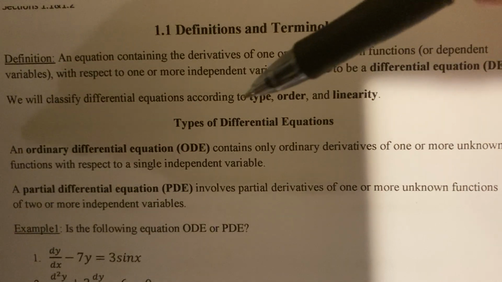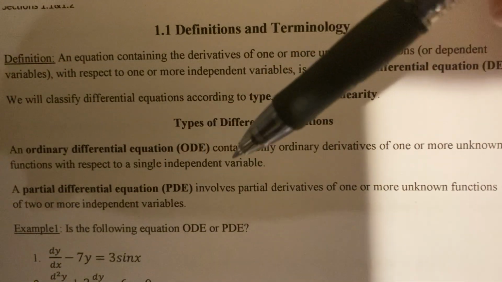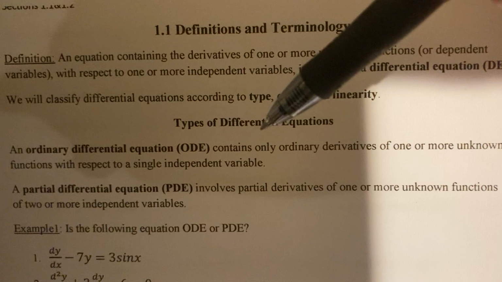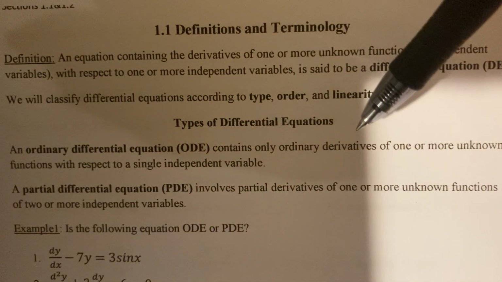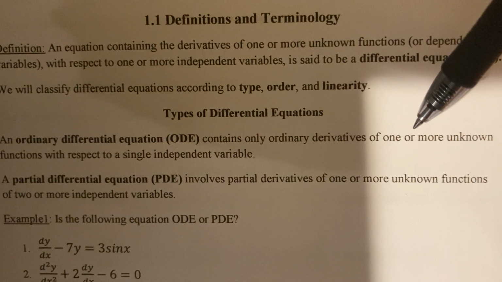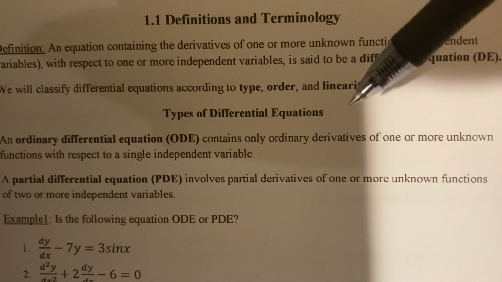So we're going to first talk about the types of differential equations, where we're going to talk about an ordinary differential equation. An ordinary differential equation contains only ordinary derivatives of one or more unknown functions with respect to a single independent variable.